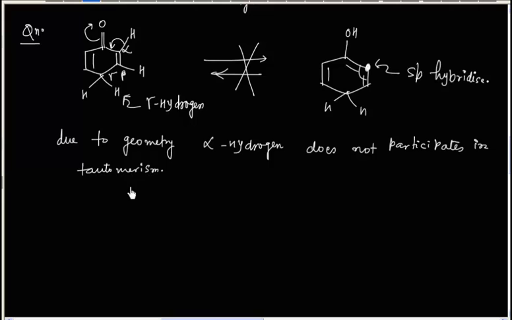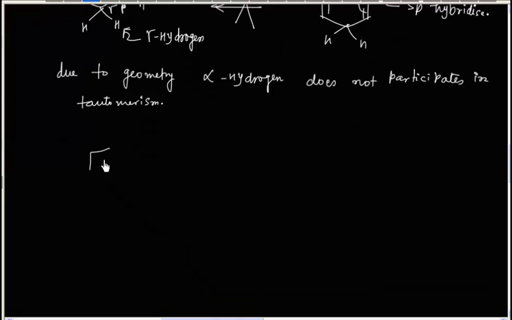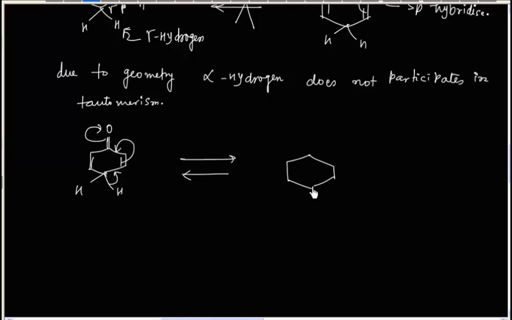But this time gamma hydrogen can participate because that is in conjugation. So we can break this bond here. This bond goes here and this goes here. So we can write enol form.